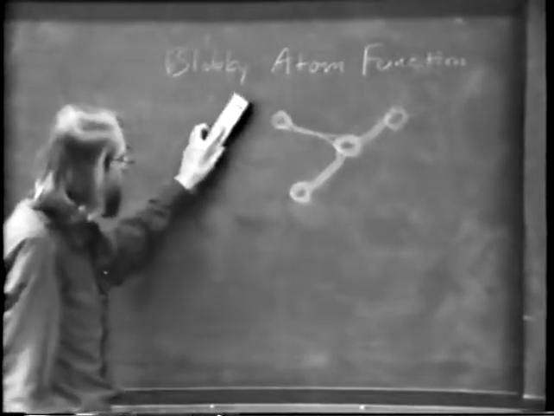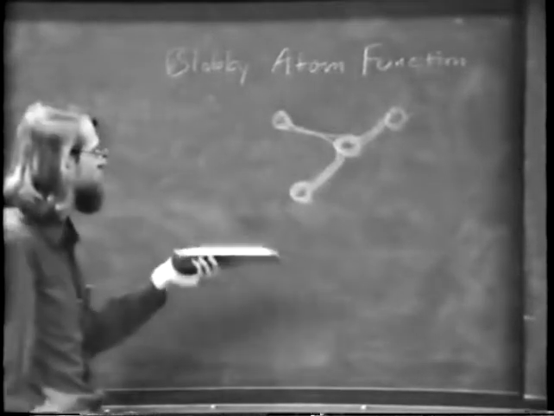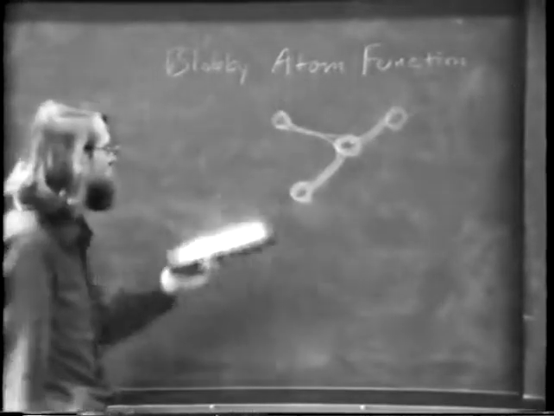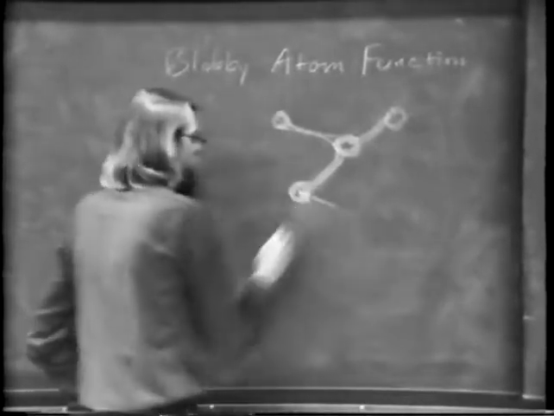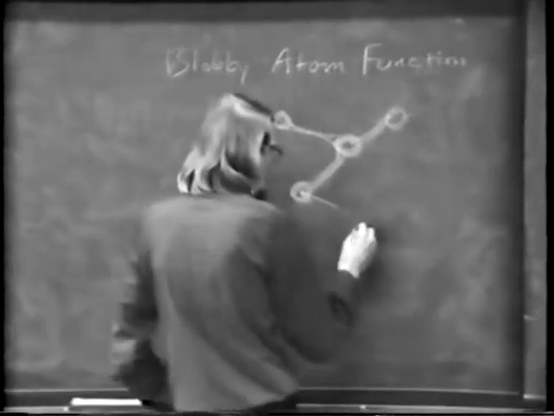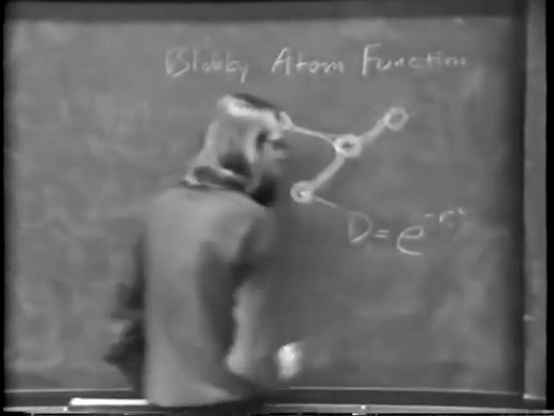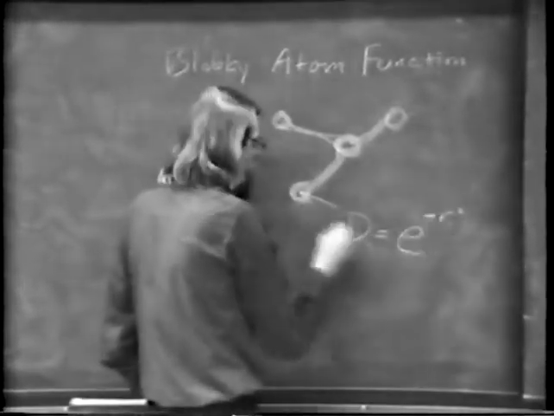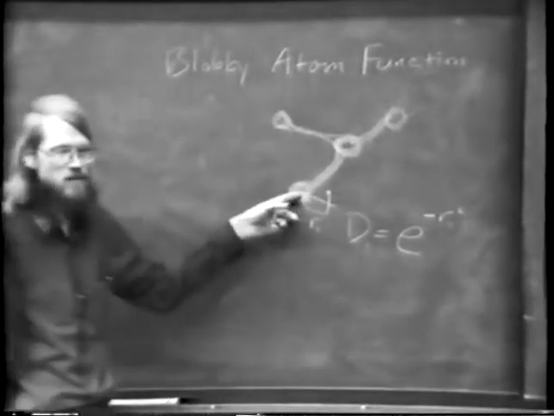And what I wound up doing is defining the shape of the surface more or less in terms of what the electron density might be that generates the surface. If you imagine each atom here as being a sphere with a cloud of electrons at some decreasing density as you go down here, so that the density of electrons is, in this case, a Gaussian distribution, e to the minus r squared, where r1 is the distance from the point to the center of the atom.